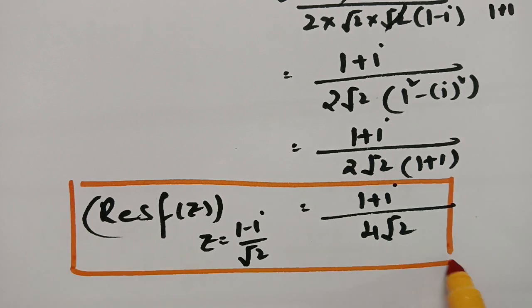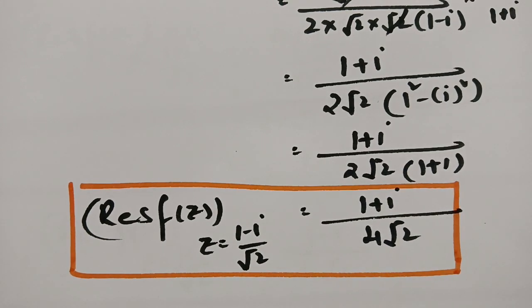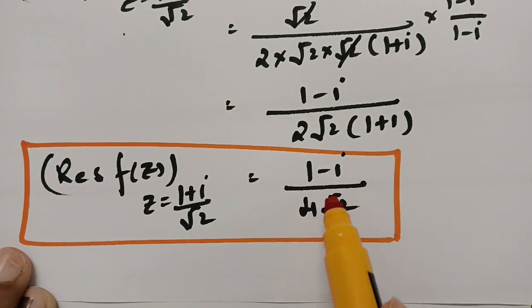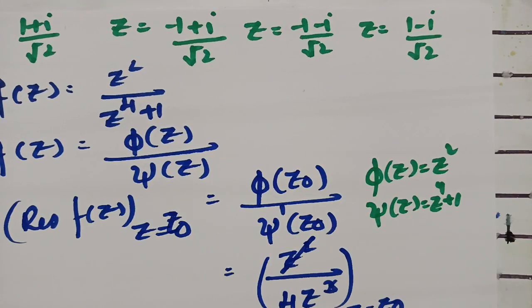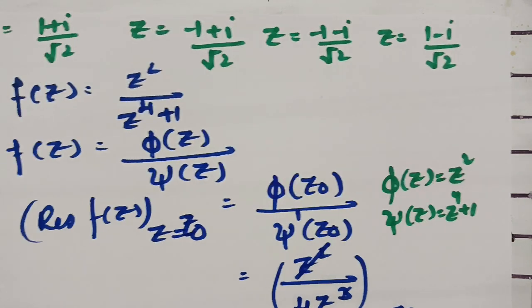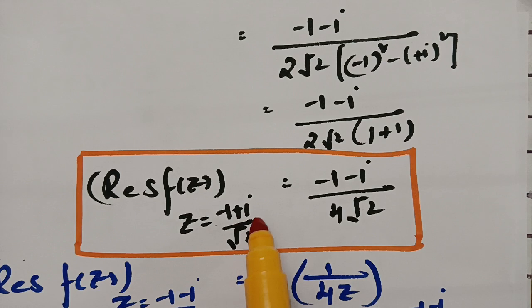So we found the poles and the corresponding residues. For this pole, (1 + i)/√2, see here, this is our first residue value. And for the next one, (-1 + i)/√2, after substituting for this pole, this is our residue value.